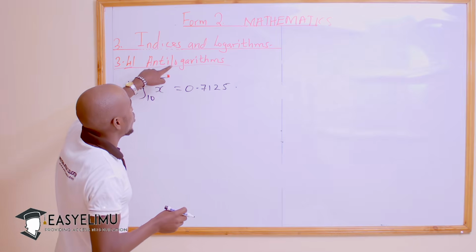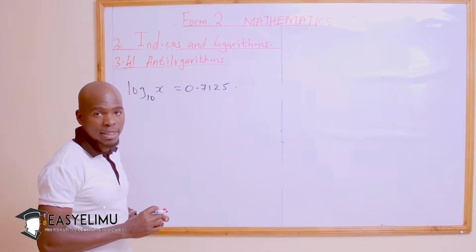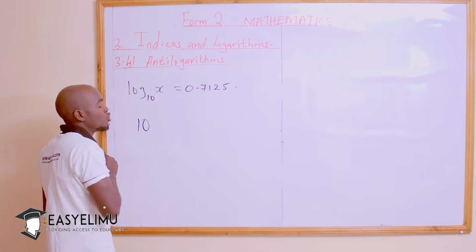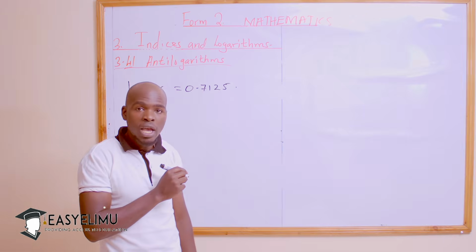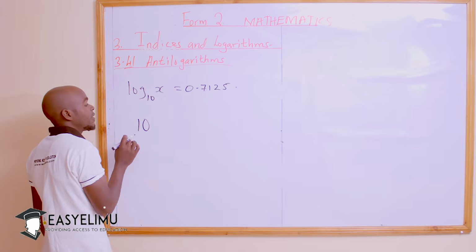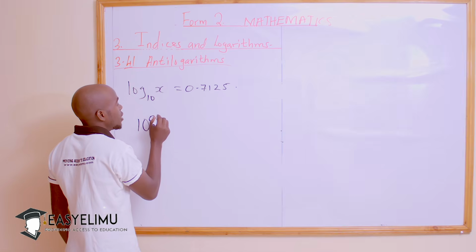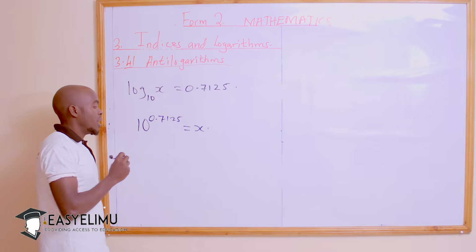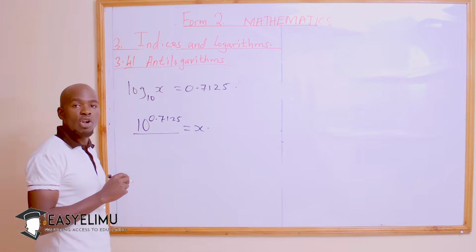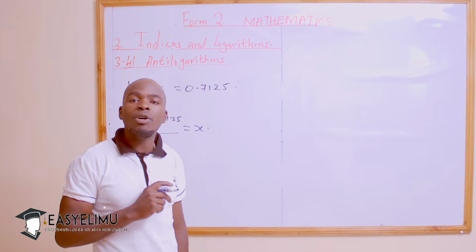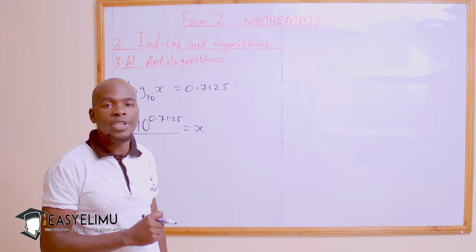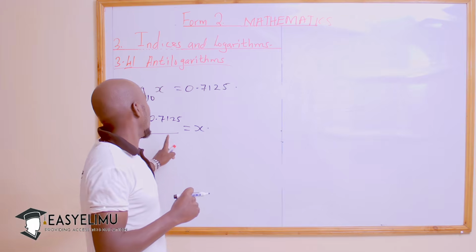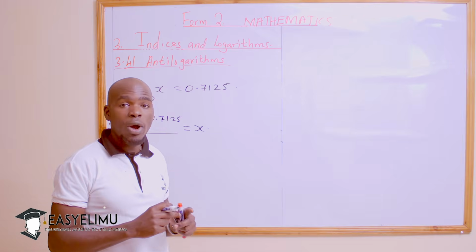To find that, we refer to it as the anti-logarithm. Rewriting it in index form, we shall have 10 raised to 0.7125 is equal to that number which we need. This one here is our anti-logarithm. And if we work it out, we shall find the number to which the base 10 was raised to get 0.7125.